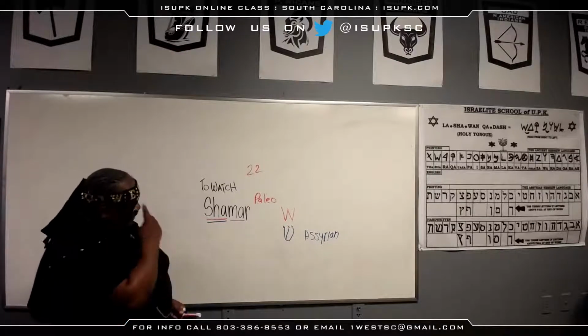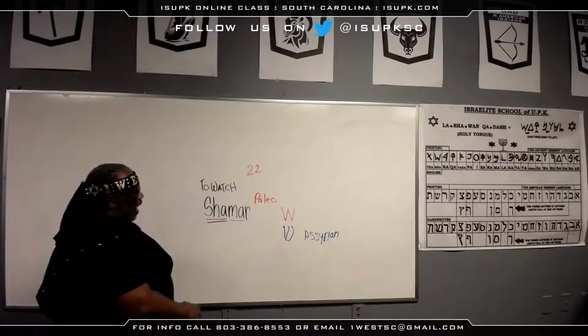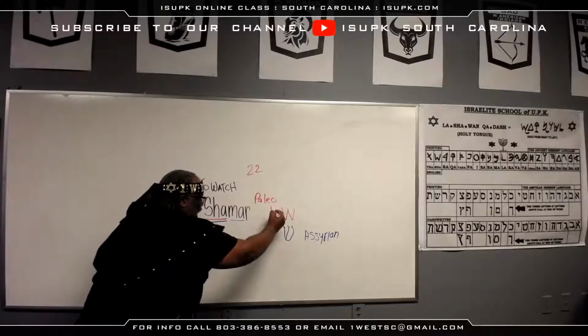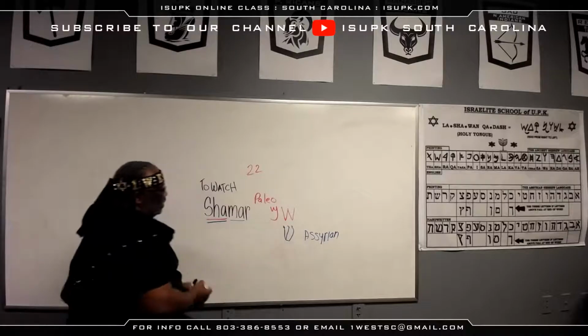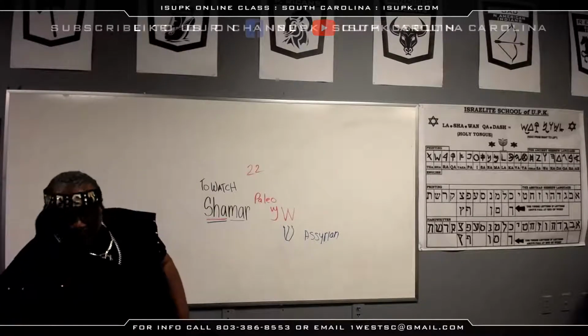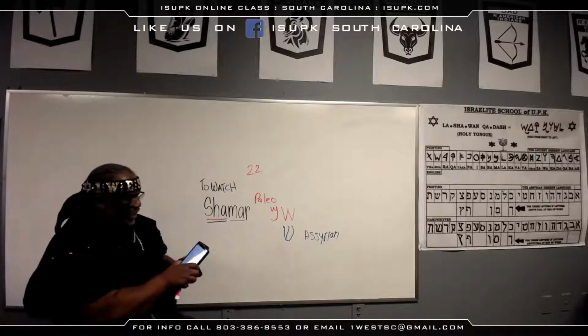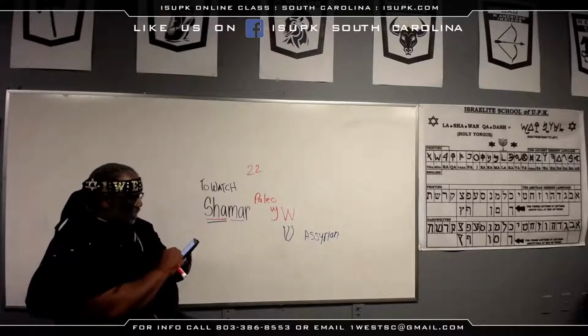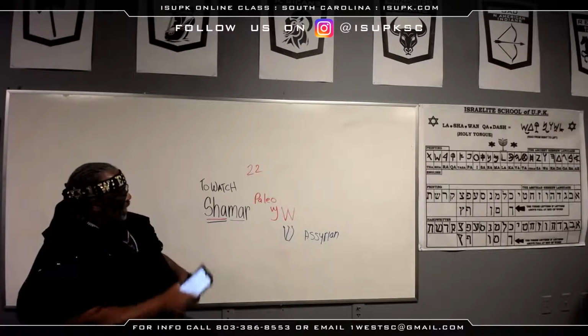Okay? So we have Shama. Okay, and then we have a sound like this. Ma looks like this. If you notice, it looks like an upside down M, sorta. Okay, like that.